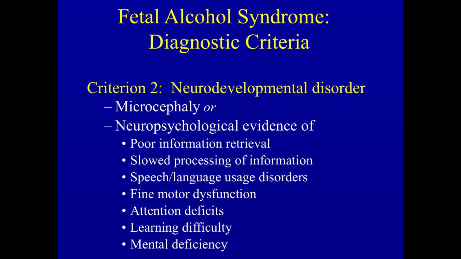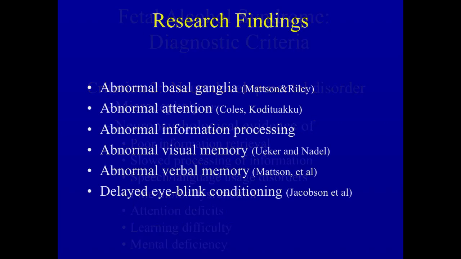Sometimes it's difficult for children to pick up on visual cues or social cues. There are problems of speech-language disorders, and then there are other issues of attention deficits and, in some cases, frank intellectual disability.